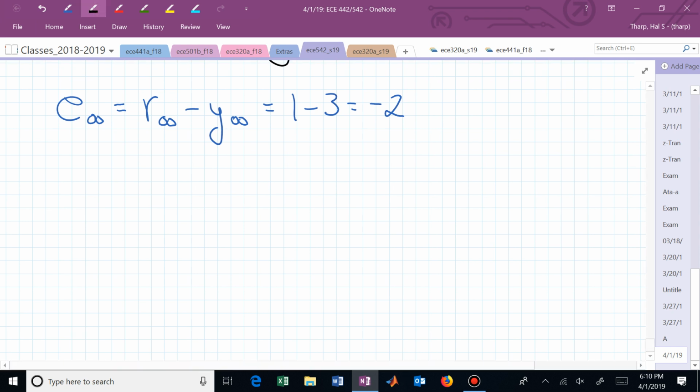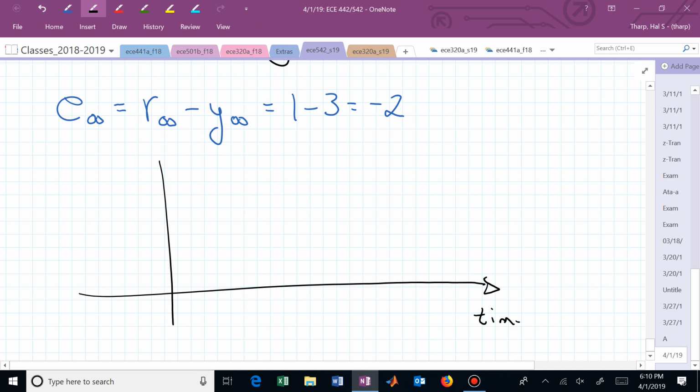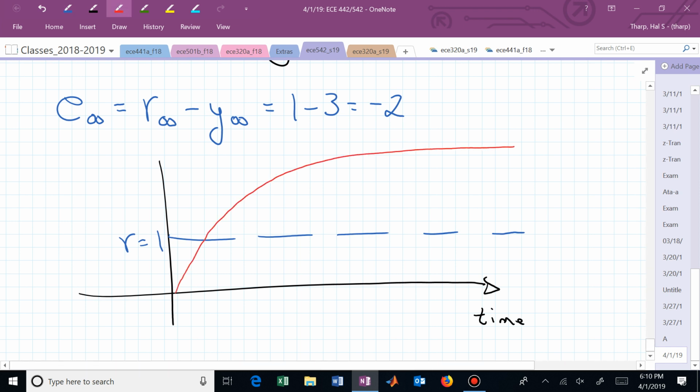Meaning, if you wanted to sketch that, if this is now time, here's our r equaling 1, and maybe this isn't drawn very accurately, but there's our output.